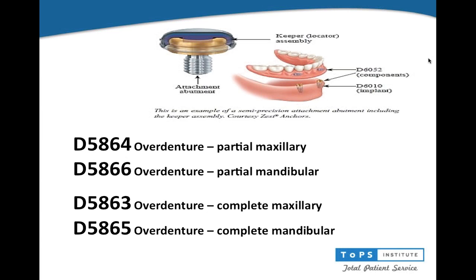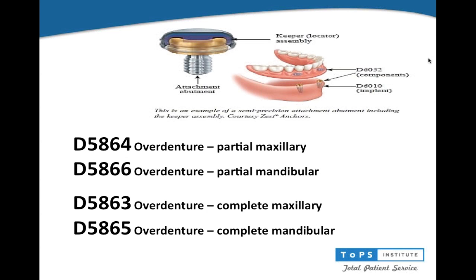Now, the next codes that have become very popular in our practice to use are the overdentures and overpartials for patients that have lost their teeth and yet we're utilizing the implant system. And in the past, the 5861 did not specify the arch. So what you'll notice for the partial is that they've changed it to the 5864 for the maxillary and the 5866 for the mandibular.